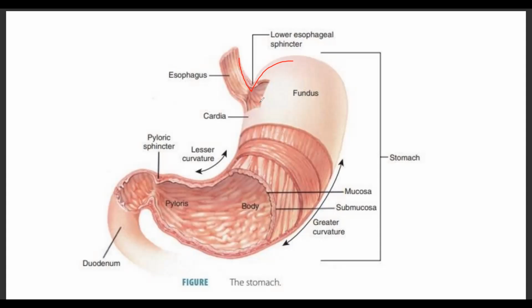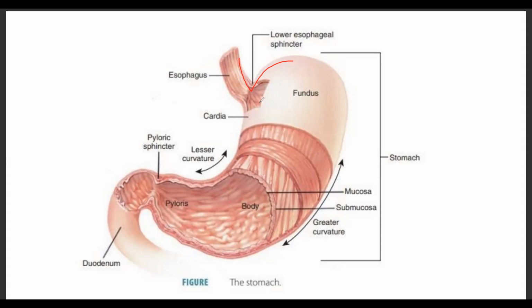Gastric glands contain three types of cells. Chief cells secrete pepsinogen, mucus cells secrete mucus, parietal cells secrete H plus and Cl minus. In the stomach, there are three parts: fundus, body, and pylorus, and two curvatures: greater curvature and lesser curvature. These curvatures help to keep the food for a long period of time.